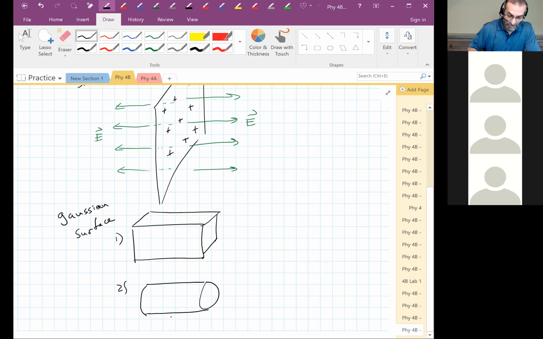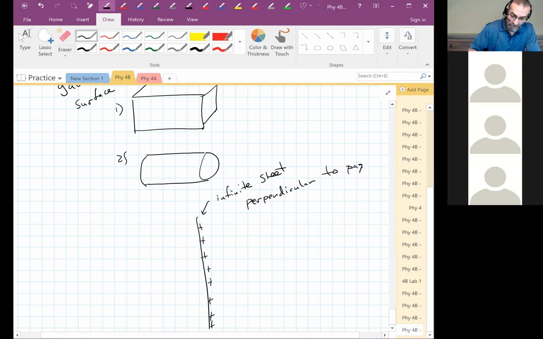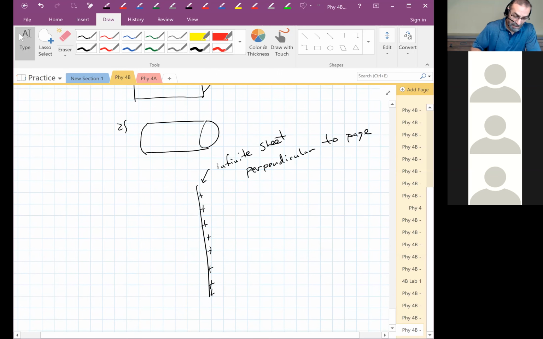All right, so here's our charge. I'm not going to try to draw it in. It's an infinite sheet. So my electric field lines do this.